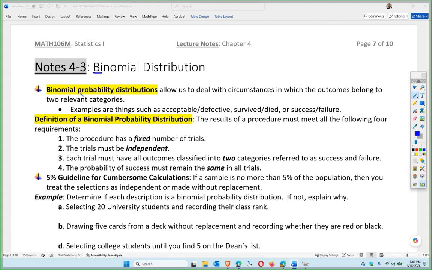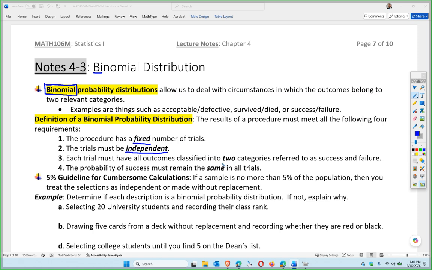Okay, so it's a probability distribution that's specifically binomial, essentially, which means you fit into 2 categories. Those 2 categories could be a mixture of things. And specifically for binomial, you must have these particular properties, which is a fixed number of trials. There are other types of distributions where you could have a more unknown number of trials. They must be independent, meaning one trial cannot affect another trial probability-wise, right?